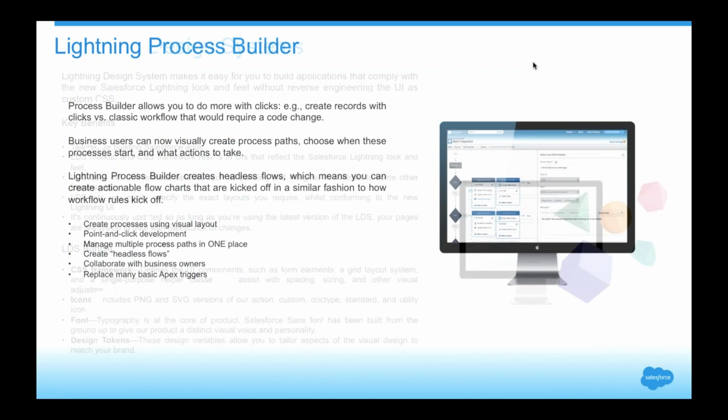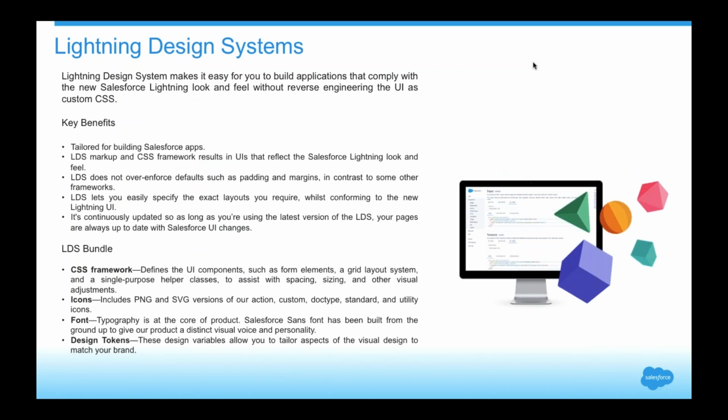Going back to the Lightning Design System, I think this is what Alex was talking about. The icons, the font, the design tokens, everything comes with the LDS. You get the CSS framework, the icons, the font, the design tokens.